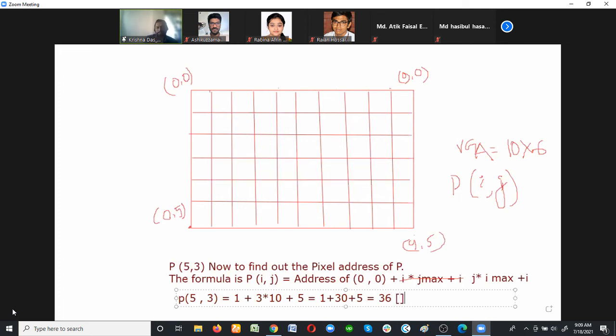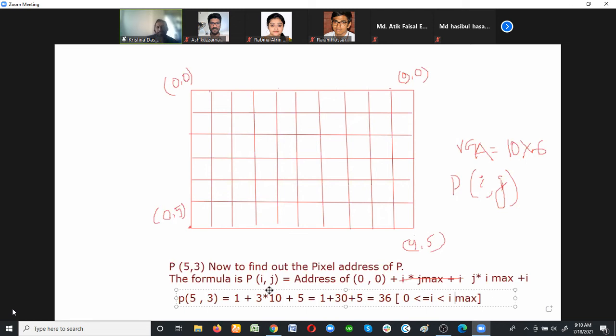So what we have followed here is that the value of i must be greater than or equal to 0, or less than i max. We must follow that condition. So our condition, if it is 5, is less than 10, so this is valid.